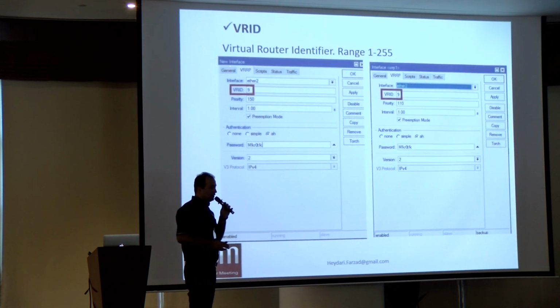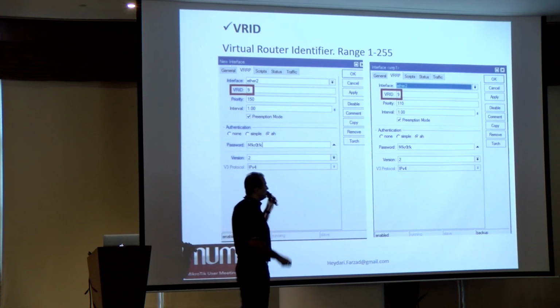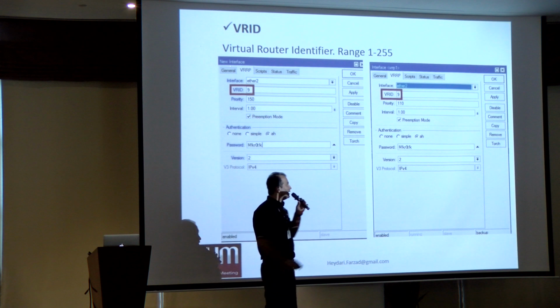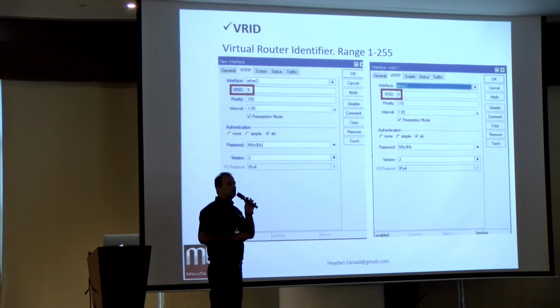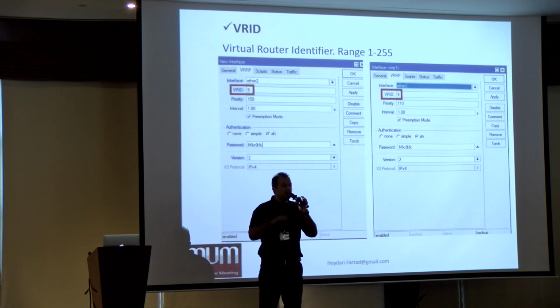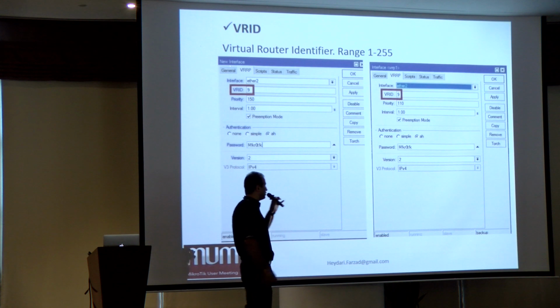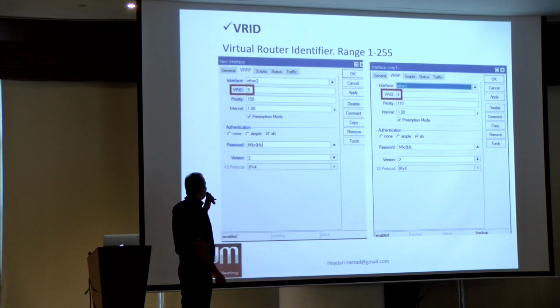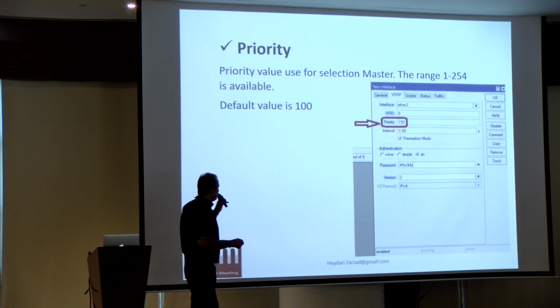Another thing that you have to know is the VRID. I put 0 here. You can choose 12255 as a VRID. Both routers should be in the same VRID. And let's get started with priority.